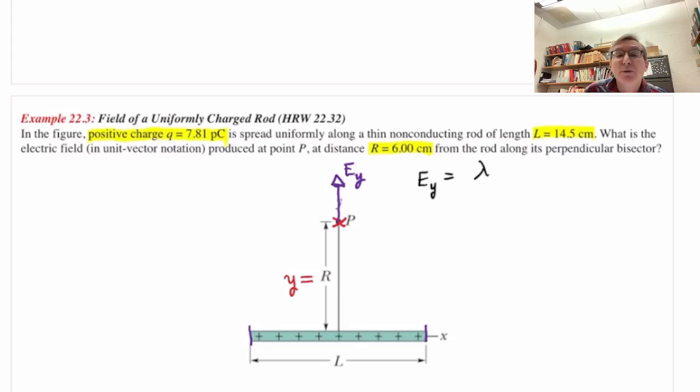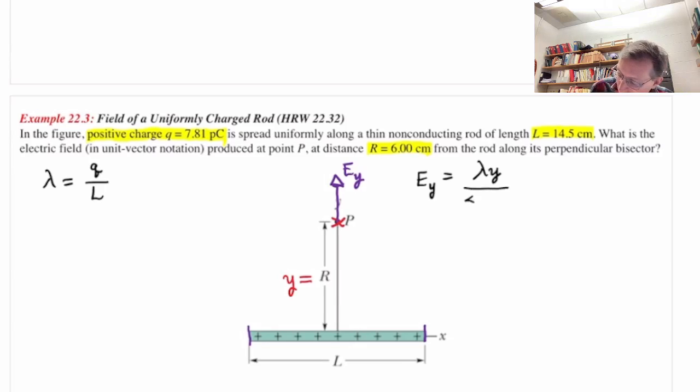I have the charge per unit length, lambda, for the rod. Since it has a charge Q spread out uniformly along its length, the charge per unit length for this rod is its total charge, Q, over its total length. So I have the charge per unit length times that y coordinate for point P over 4 pi epsilon 0. That shows up. That's an old friend.